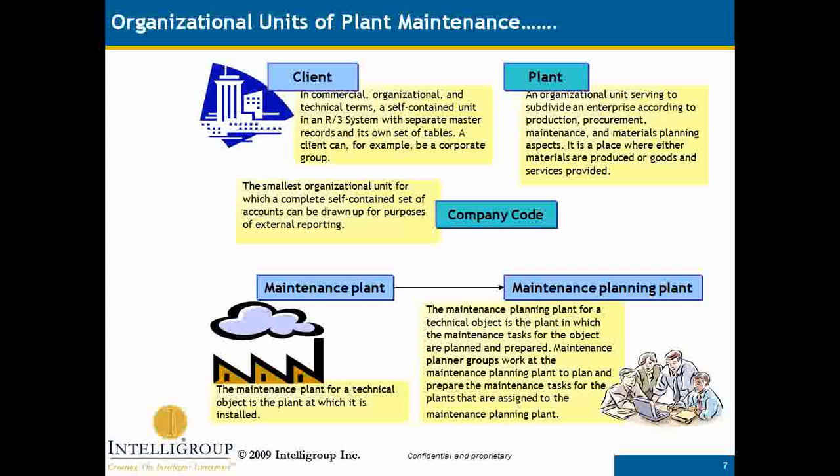Centralized maintenance means all the planning will be taken care of by the head office, or one of the plants. The execution will be done at each plant level. That is called centralized maintenance. It's a business terminology.